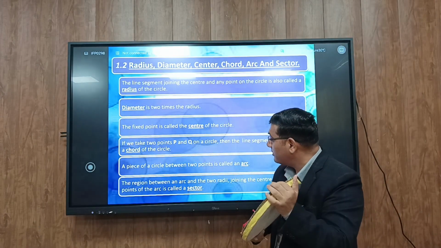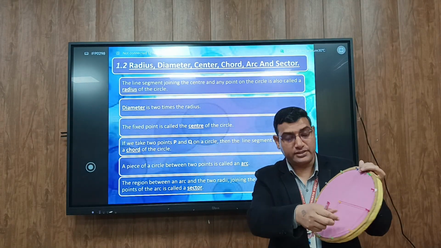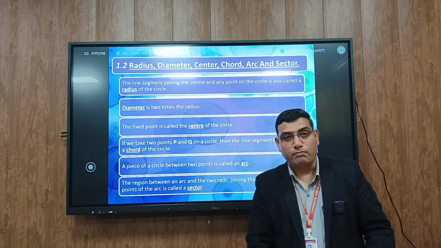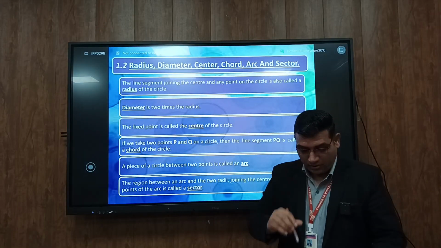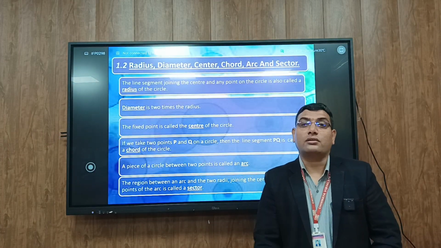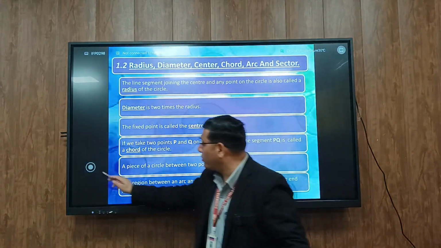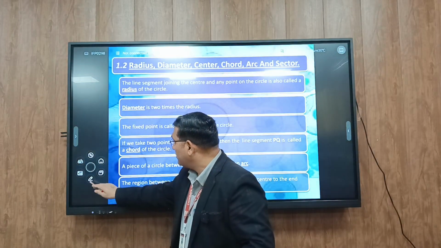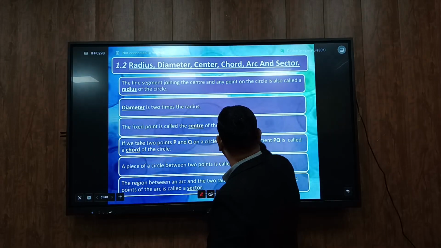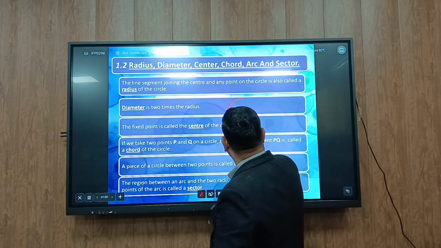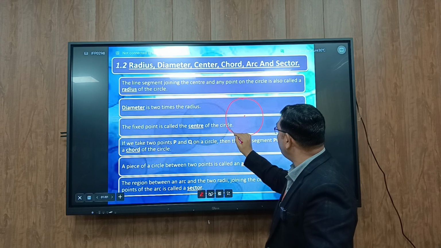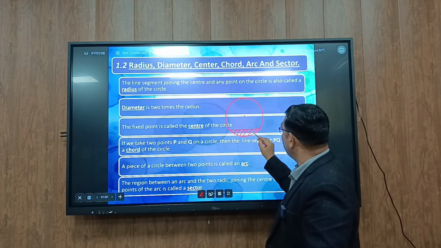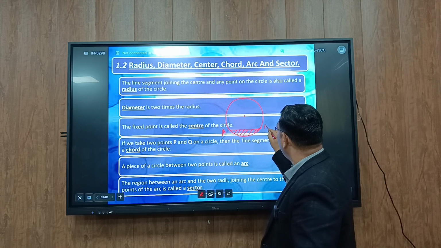Now next is segment. Segment is what? The area bounded by an arc and the chord. If we see here, this is the center, and this is a chord AB, and we are talking about this area.